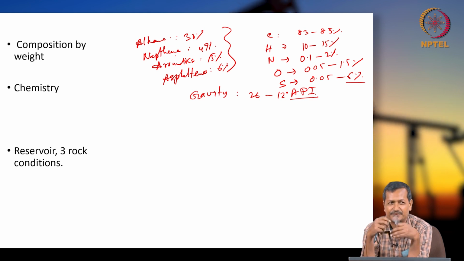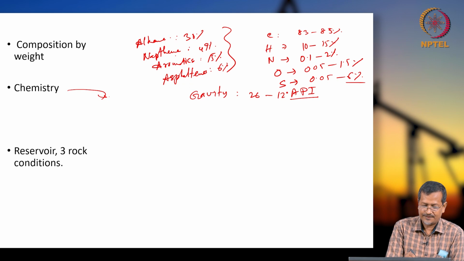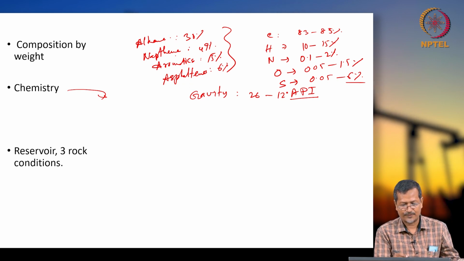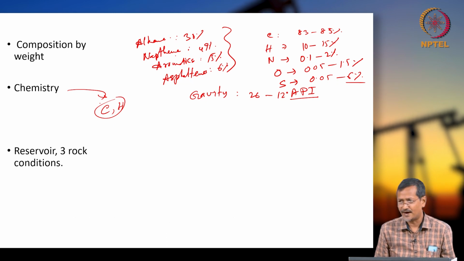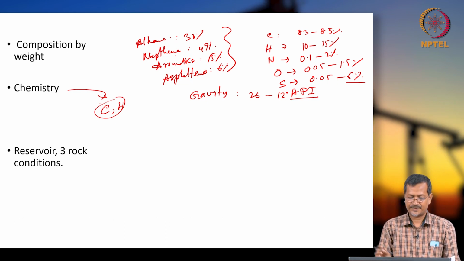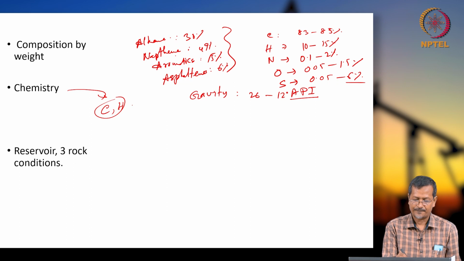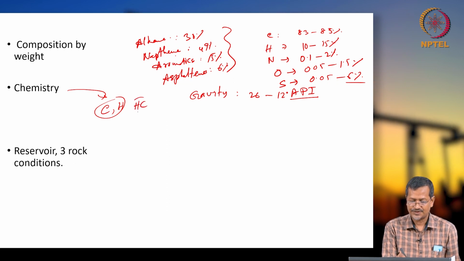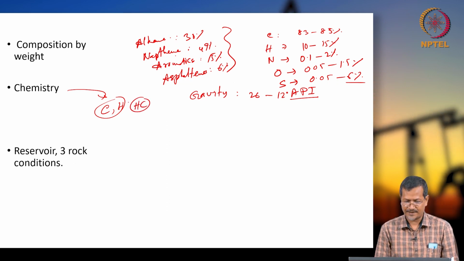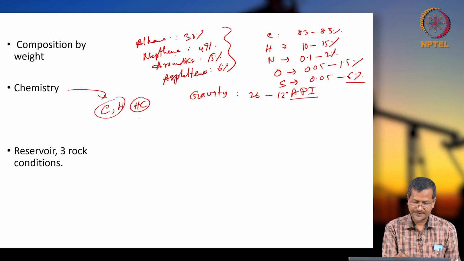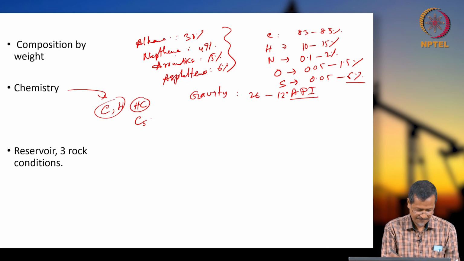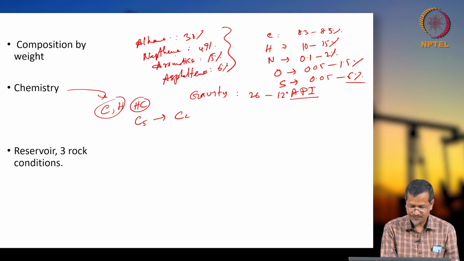You should remember this. Regarding the chemistry of petroleum, oil and gas: when you are talking about carbon and hydrogen, that's why we say hydrocarbon, or HC in short form many times. Whenever you say hydrocarbon, it may have C5 to C40.